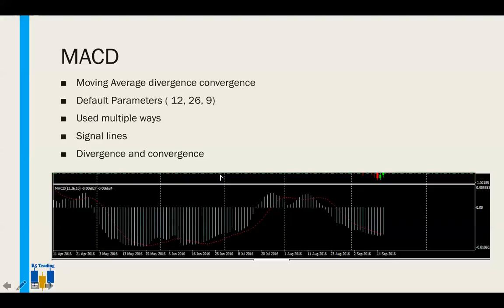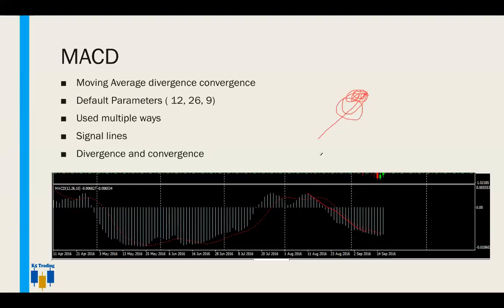Another way to use the MACD, which is very common and very, very powerful, is to look at divergence and convergence. What I mean is, let's say your price is moving upwards and your MACD is showing a slope downwards. What does it mean? It means the price is going to break down soon.